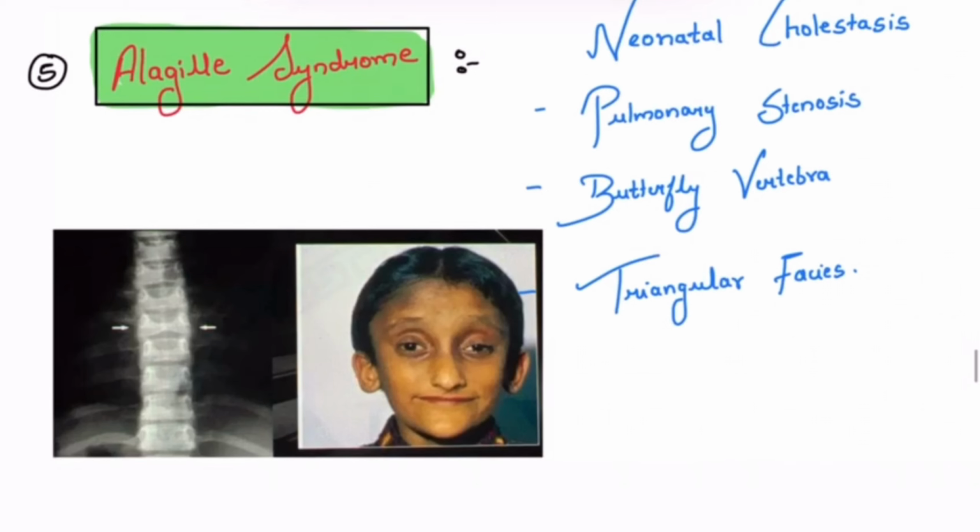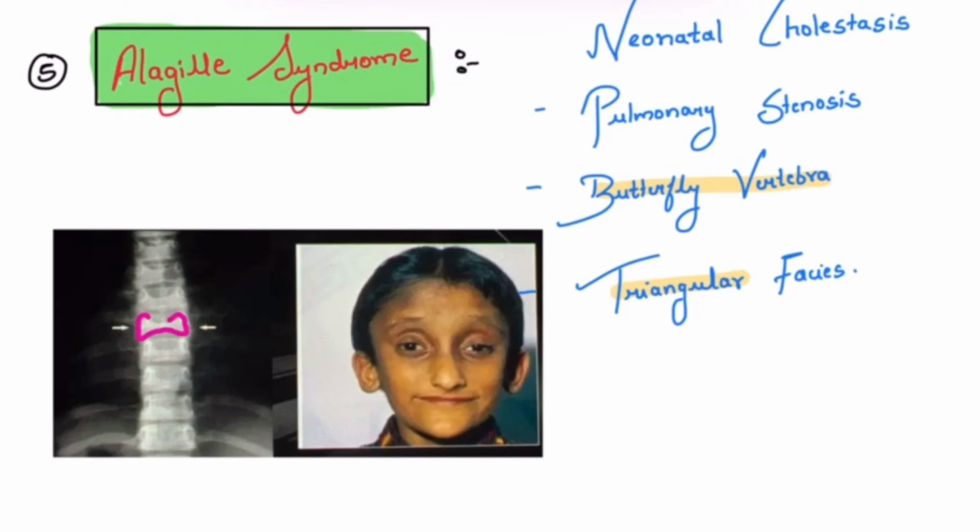Another is Alagille syndrome. This is neonatal cholestasis. There will be pulmonary stenosis, butterfly vertebra and triangular faces. There is a butterfly like vertebra.